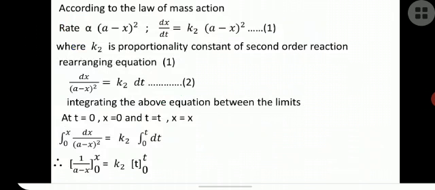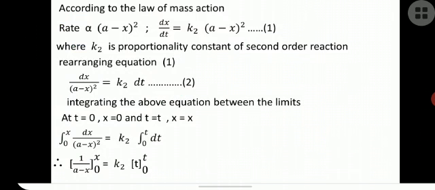According to the law of mass action, rate is directly proportional to (a minus x) square. Therefore, dx upon dt is equal to k2 into (a minus x) square. It is equation number 1, where k2 is proportionality constant of second order reaction. Rearranging this equation 1, we get dx upon (a minus x) square is equal to k2 into dt.